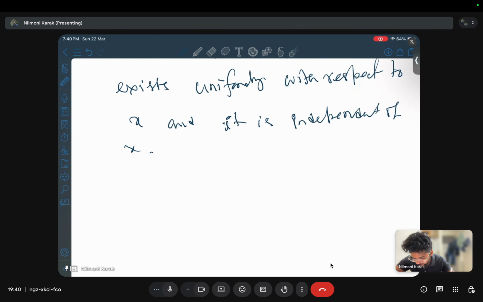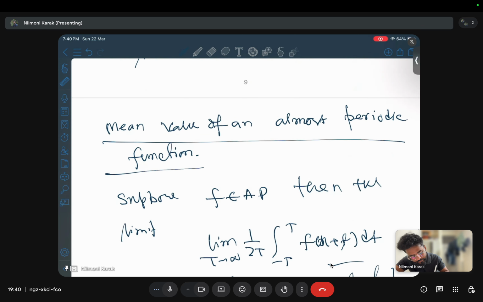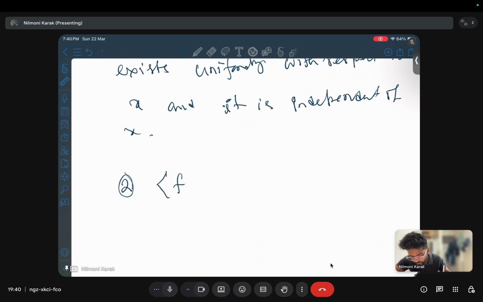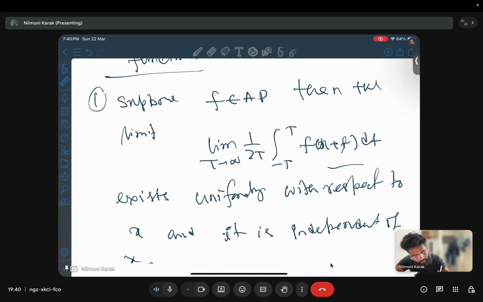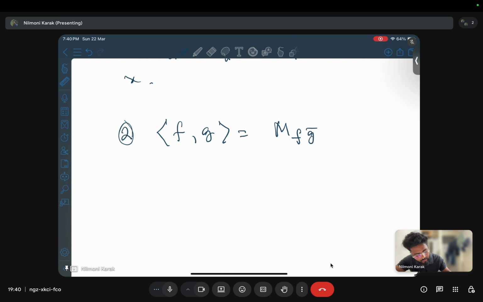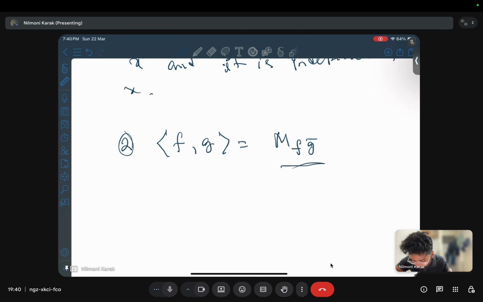Okay, and also this definition: for f, g, this is M(f g bar). So first of all, this is called your M(f).